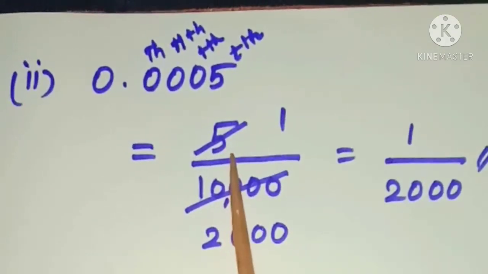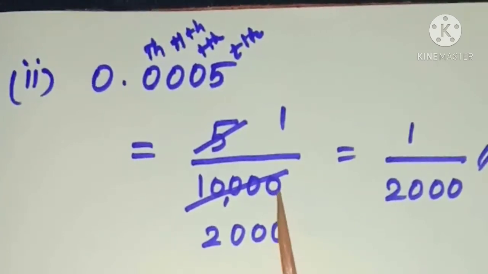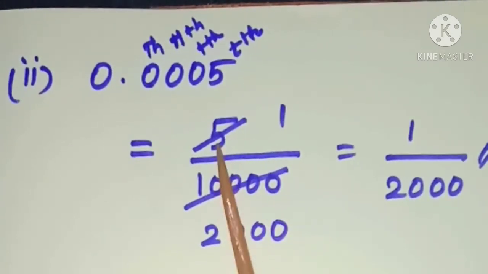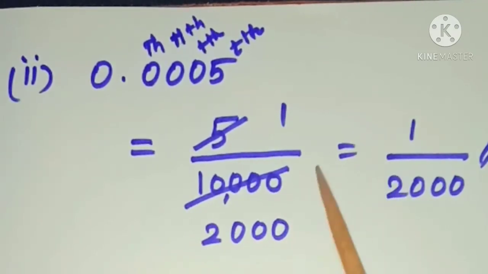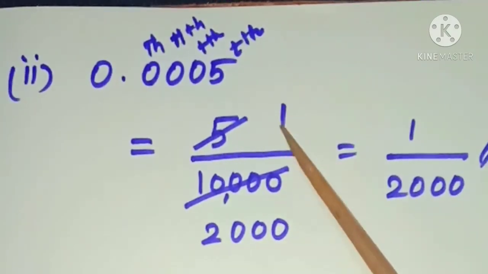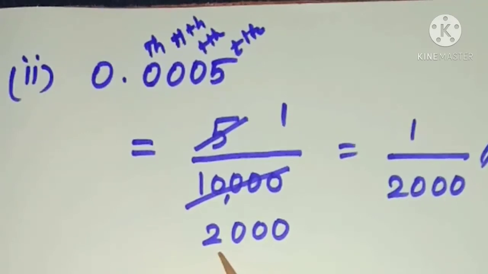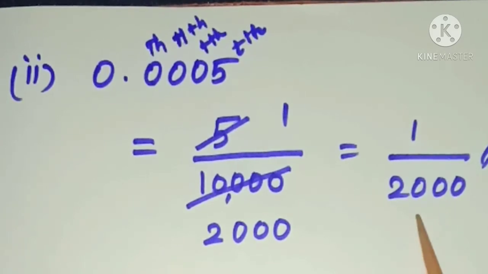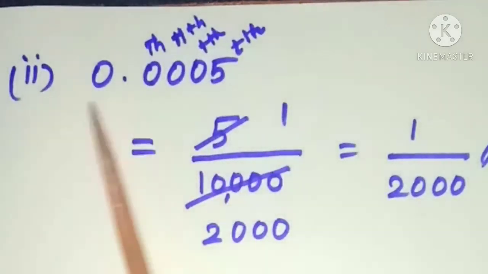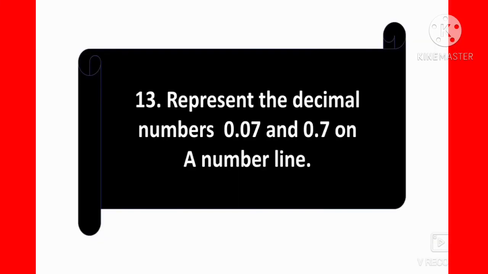Now cancelling 5 and 10,000 by using the 5 table, here it is 1 in the numerator and in the denominator it is 2000. So 1 by 2000 is the fraction of the given decimal number.